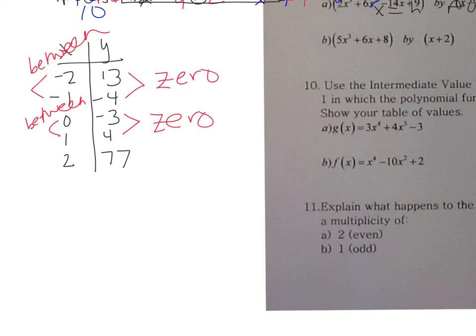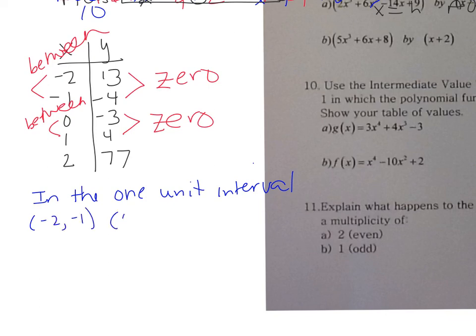So we would write, in the 1 unit interval of negative 2 to negative 1 and 0 to 1, there exists a 0.